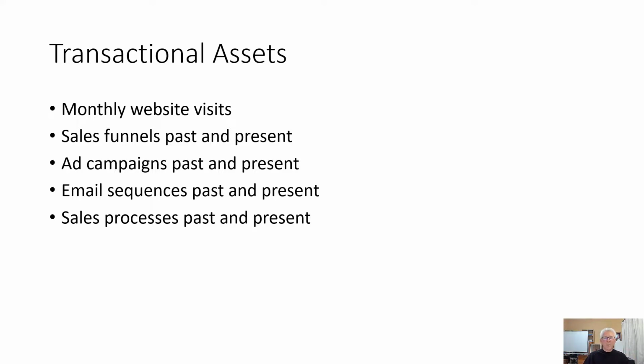So you might have multiple funnels, multiple processes, multiple email sequences, multiple ad campaigns, and even multiple landing pages and websites. So they're all assets that you want to build. You want to build a critical mass, and then you really want to build momentum. We're building a matrix here, and layers within that matrix.